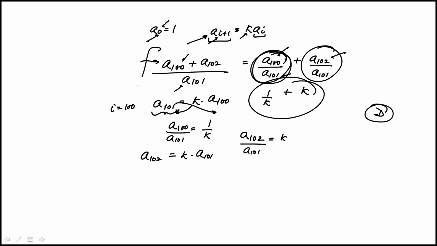The reason this question was set up this way is that they want you to waste the time to figure out A100. Let's see if we can, actually that might be helpful in other questions.